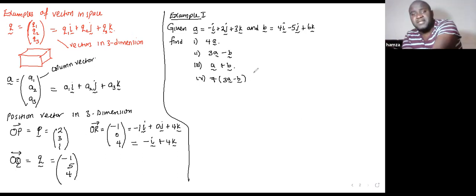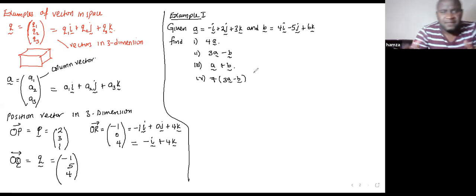So when you look at these illustrations, they have scalar multipliers, they have addition, they have subtraction. So they can tell you to manipulate that vector and get us the results.